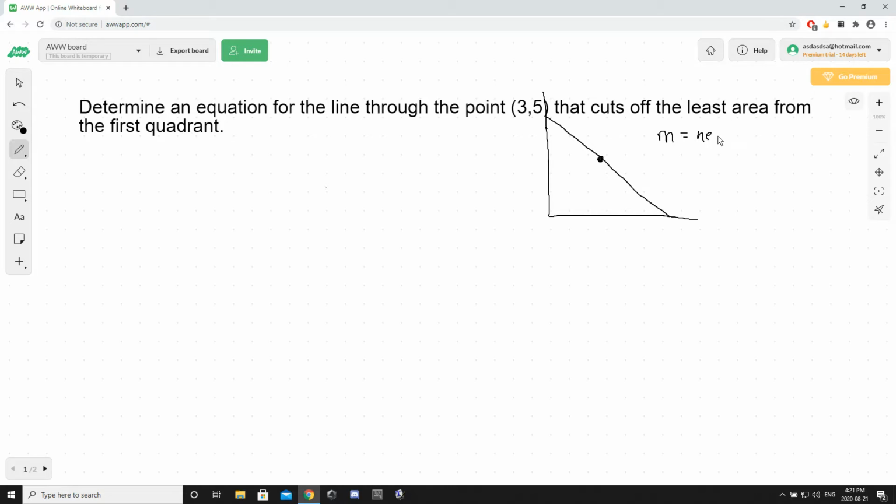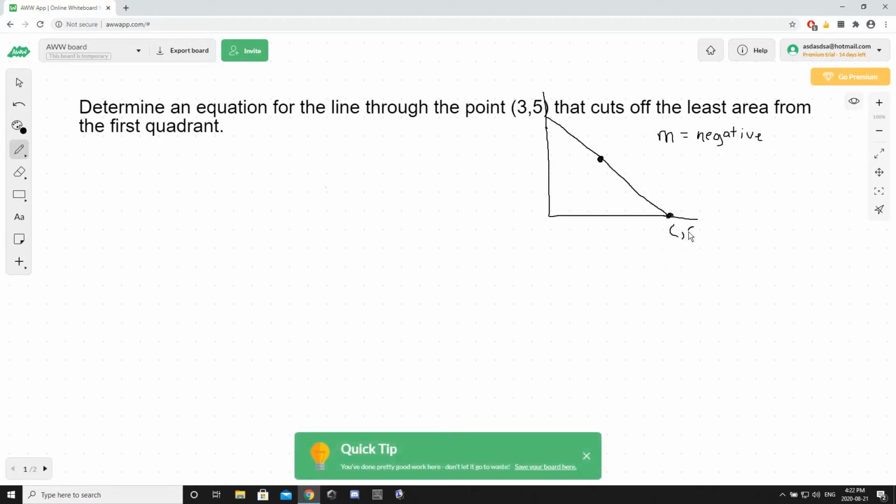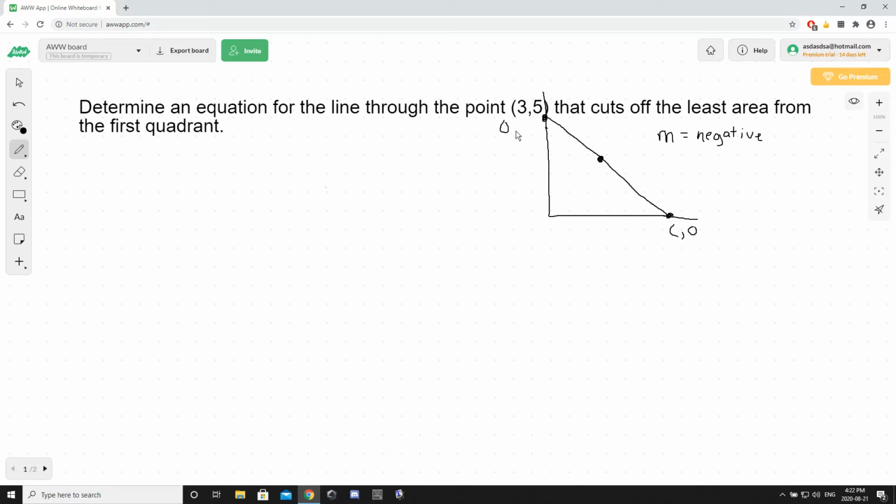Sorry, I'm writing with my mouse, so it's going to take a little while. Okay, so we know that the slope is negative. Let's call this x-intercept (c, 0), and let's call this point right here (0, d).